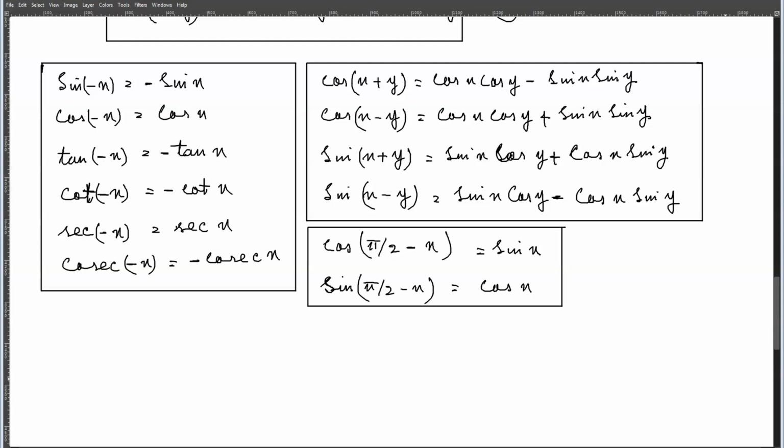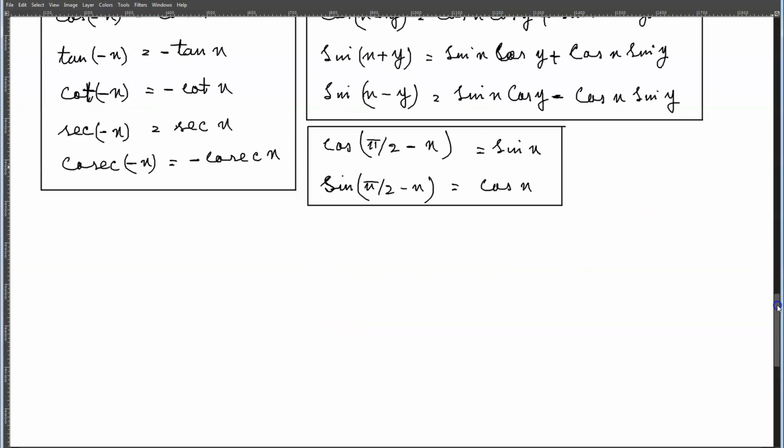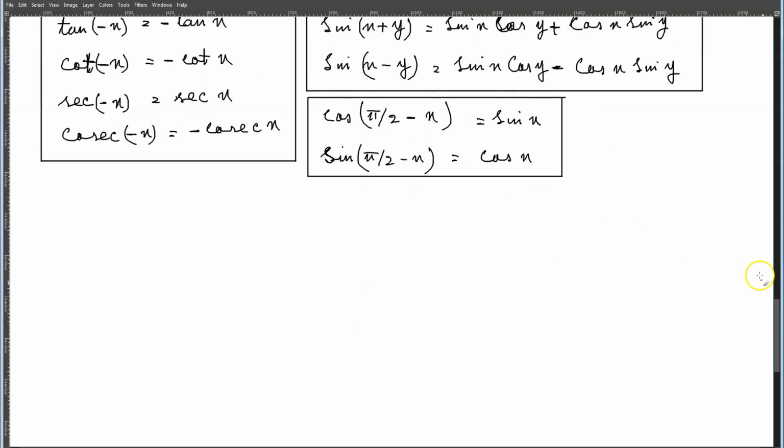Now of course these formulas must be committed to memory. And these are part of some formulas that we are going to prove right now, and these too must be committed to memory.